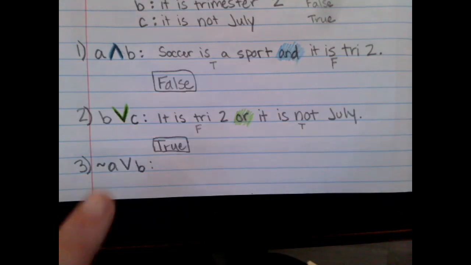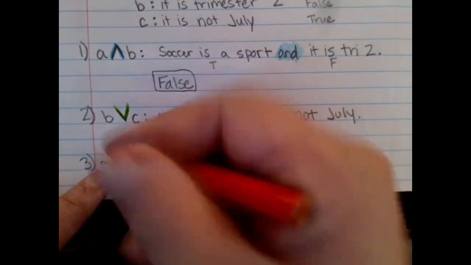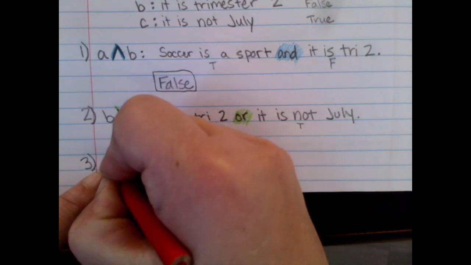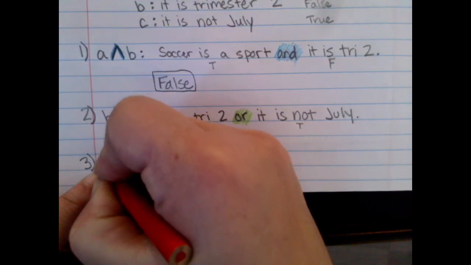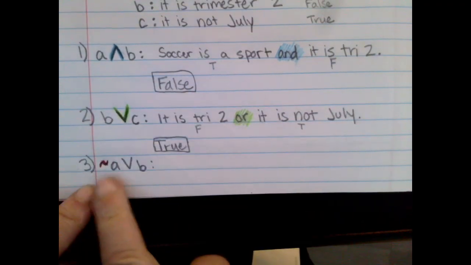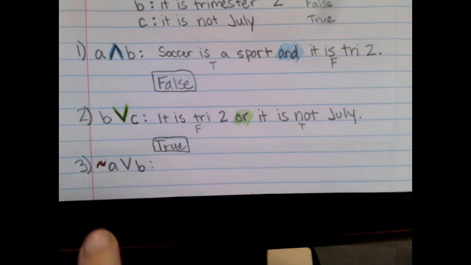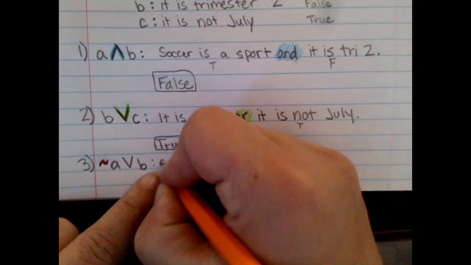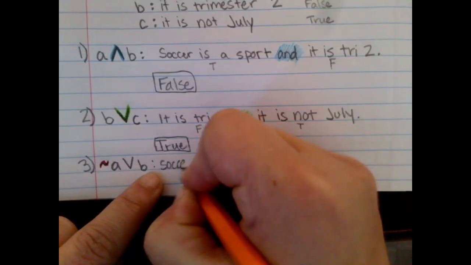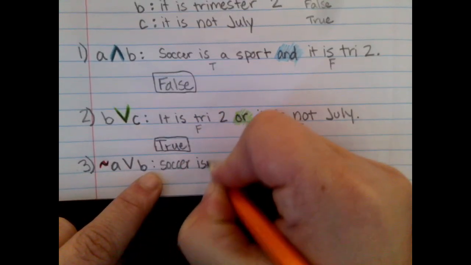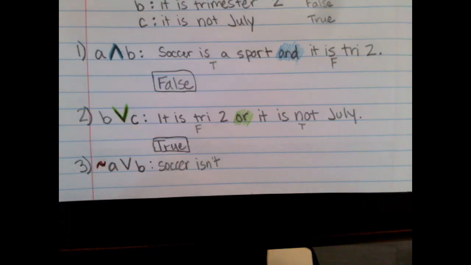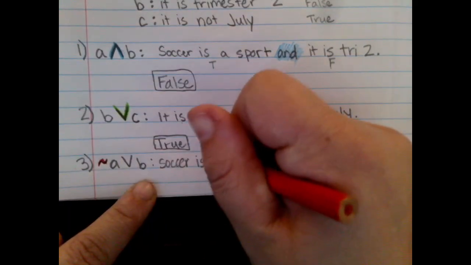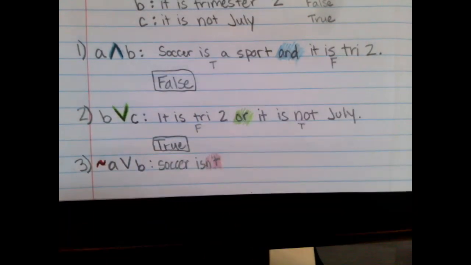All right, so first thing I see there is that not. What does that not tell us to do? Use the opposite. So if it says soccer is a sport, we're going to say soccer isn't a sport. That n't part, or is not part, is that negation.